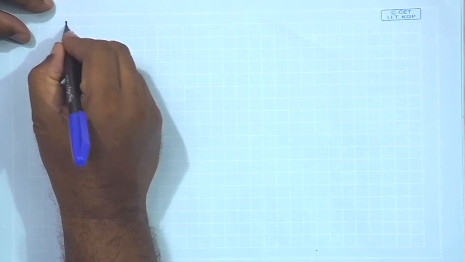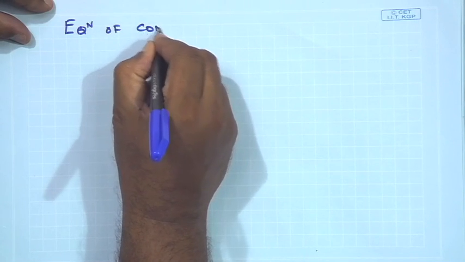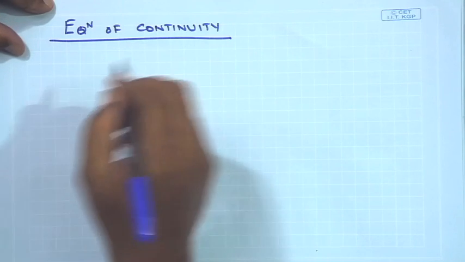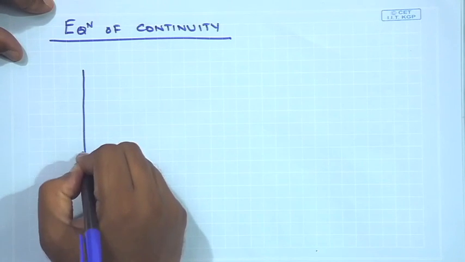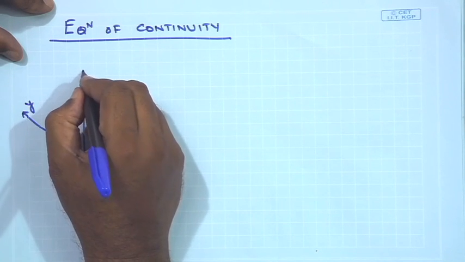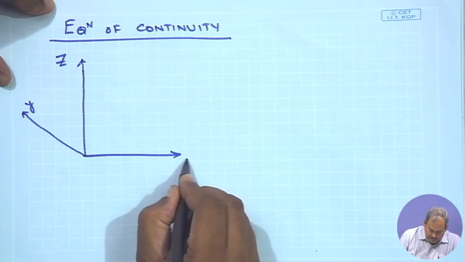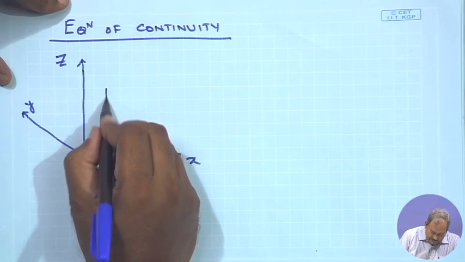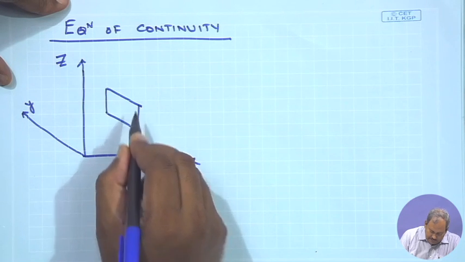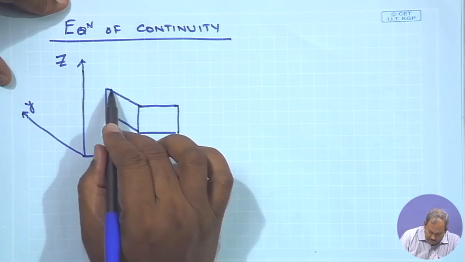In order to derive the equation of continuity, the way we are going to start is we define a coordinate system x, y, z, and we have, as I mentioned before, a box.